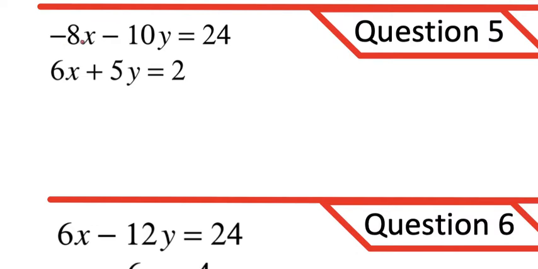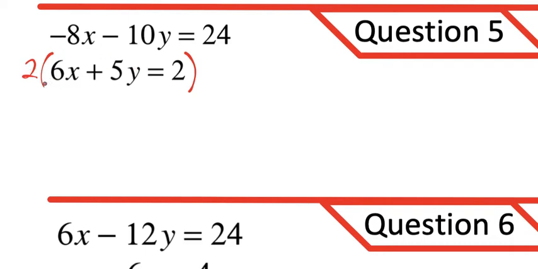For number 5, we have negative 8x minus 10y equals 24, and 6x plus 5y equals 2. Here we're going to do the same thing as what we did in question number 4. We're going to multiply the bottom equation by 2, so that on top we have negative 10y, and on the bottom we're going to have positive 10y.